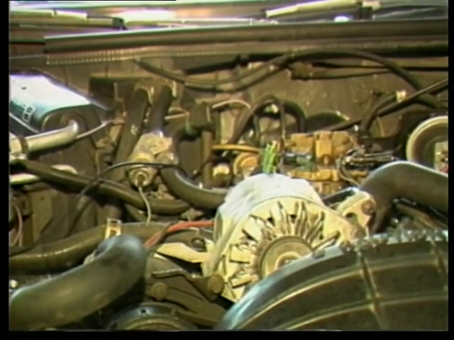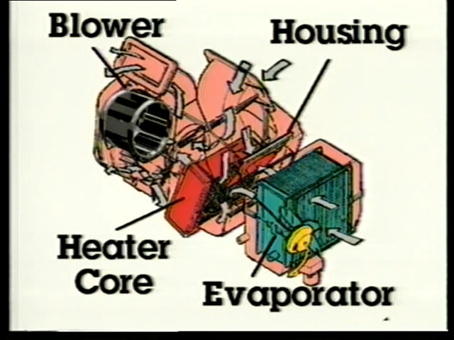The blower forces air to either the heater core or the evaporator, or both. The heater core and evaporator are enclosed in a plastic housing. The housing bolts to the underside of the dashboard or to the firewall.